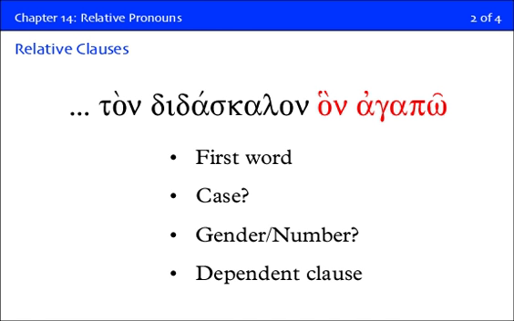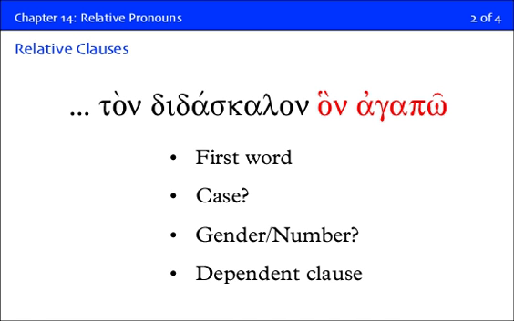So case is determined by function within the relative clause. Gender and number are grammatically determined by the gender and number of the antecedent. Now, in the process of translating that, you may find that you have to move the English around a bit. Let's say, for example, didaskalan were a neuter word, then the relative pronoun would be neuter, but you couldn't translate it as it, because I'm not an it.